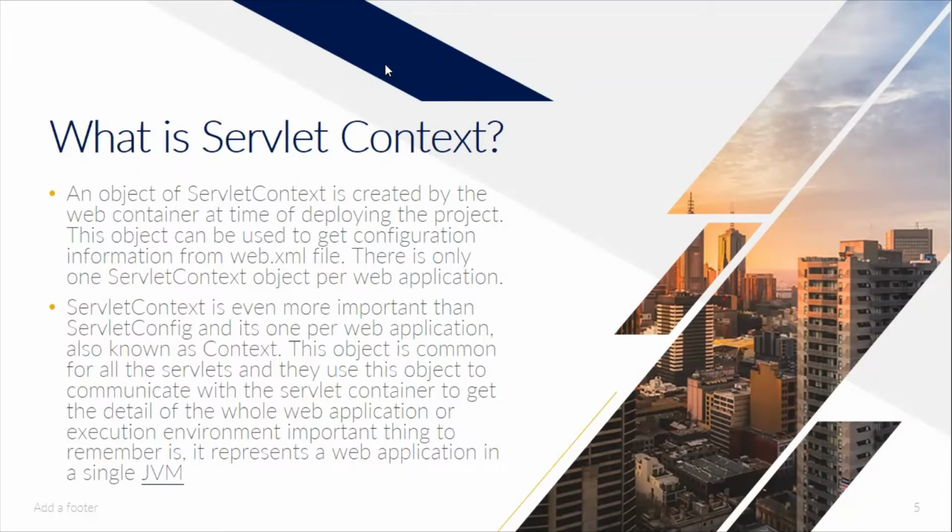So Servlet Context is even more important than Servlet Config, and it is one per web application, also known as context. This object is common for all servlets, and they use this object to communicate with the servlet container to get the details of the whole web application or execution environment.